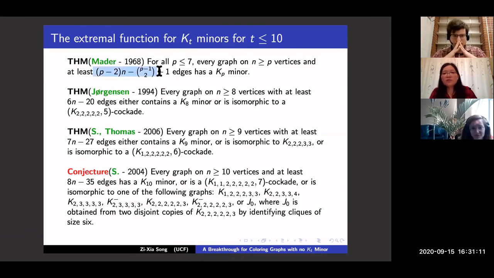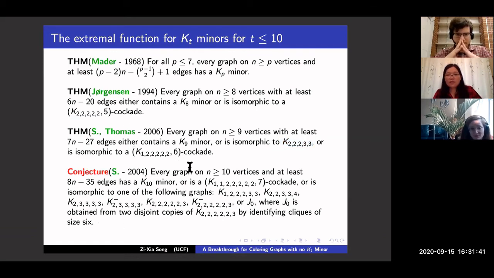We refer to this as Mader's bound. Later Jørgensen extended Mader's bound for p equals 8, and we have one exception here. This is the cockade, so we will not define what a cockade is here. With Robin, we extended this to p equals 9. We have one additional graph found, plus the cockade we obtained from Jørgensen's result.